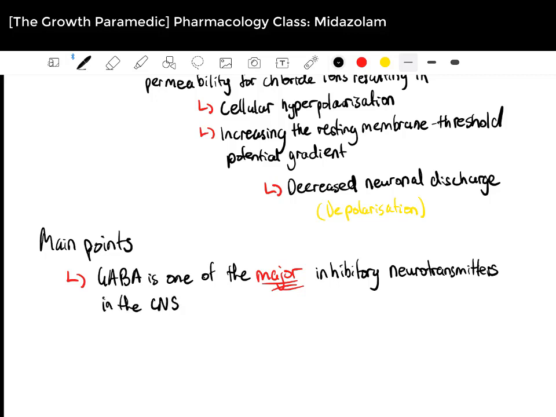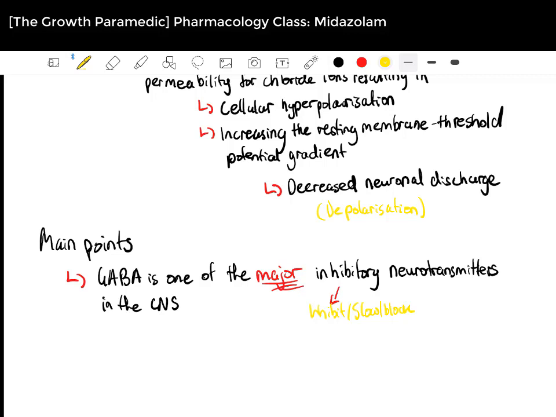So inhibitory means, again, it's literally in the word, to inhibit, to slow down, to almost block the pathway. So GABA is trying to inhibit or trying to slow down the neurotransmitter pathways.